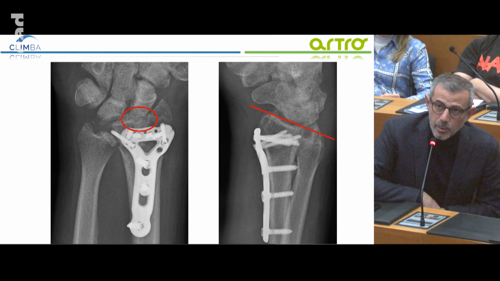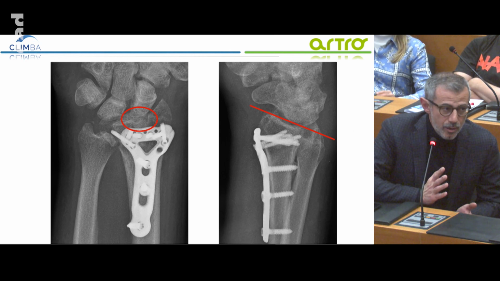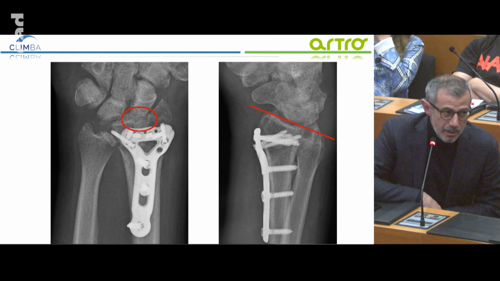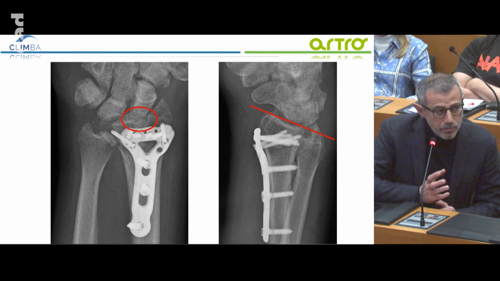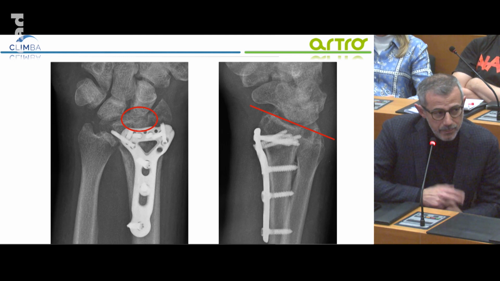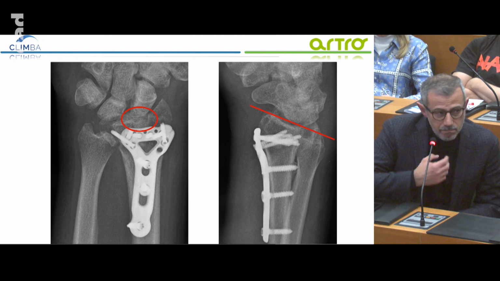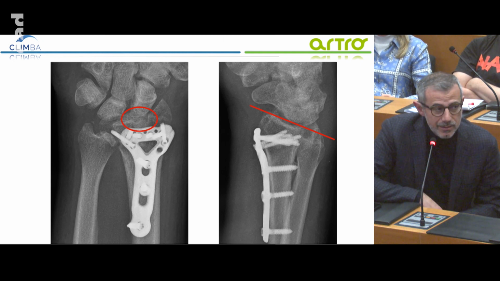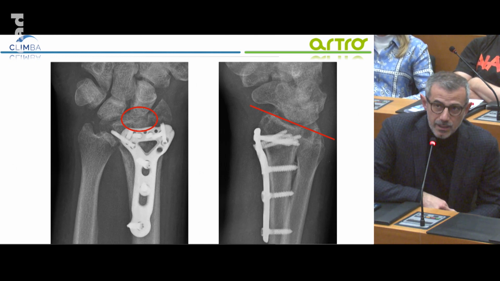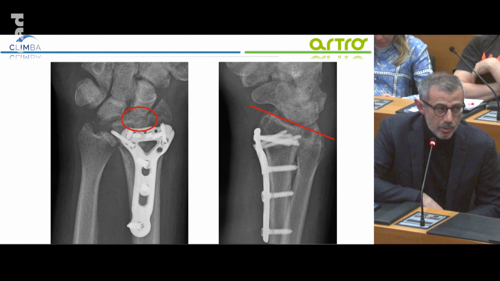In this way, the space between scaphoid and lunate has an enlarged, widened appearance. It is very misleading and may make you think of a scapholunate dissociation, but in fact it is not. So as Gustavo was stating, it's very difficult to assess an instability in a stiff joint. So probably arthroscopy will give you more details.